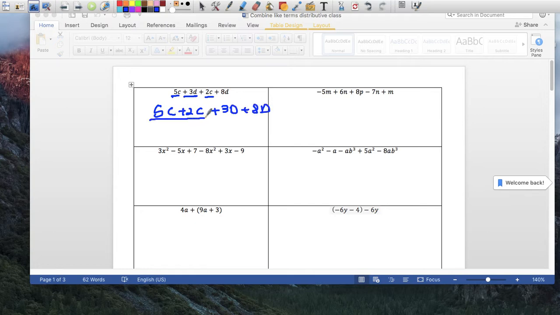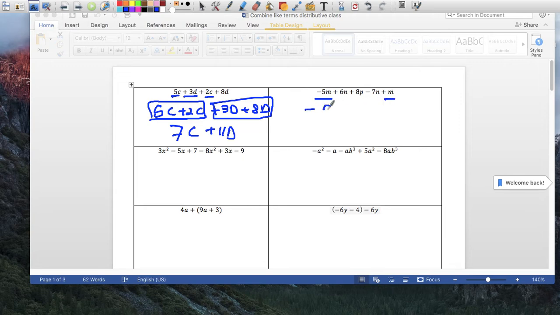I put a line over here. These are the two things I'm combining. 5c plus 2c is 7c. And 3d plus 8d is 11d, positive, so I'm going to write plus 11d.